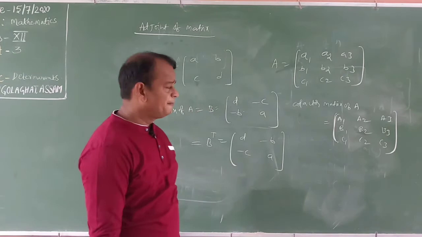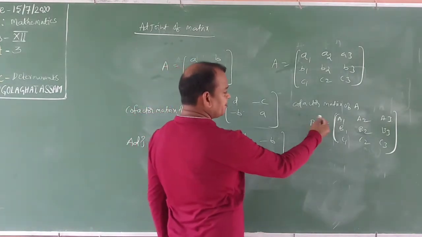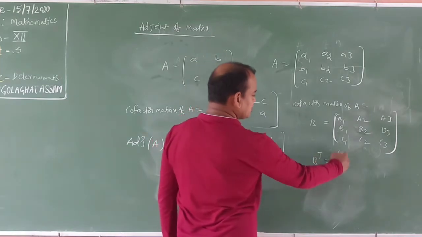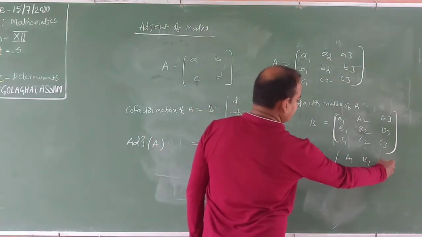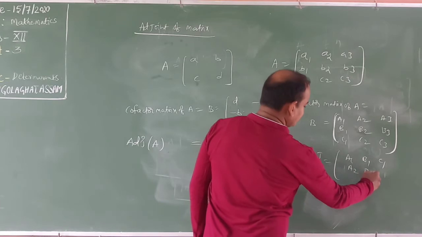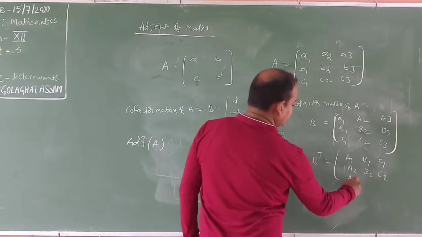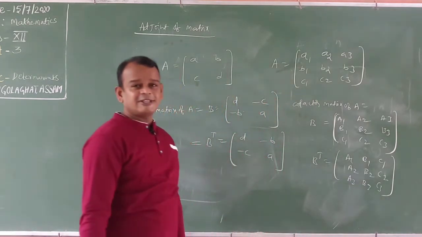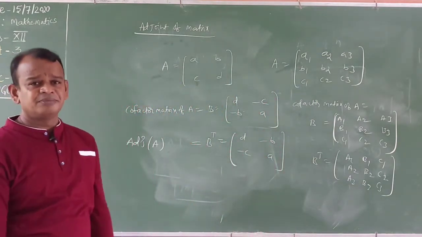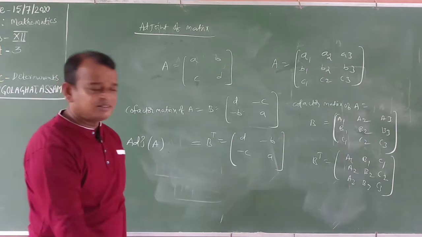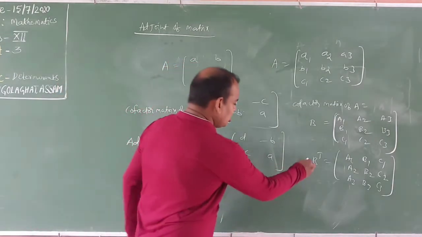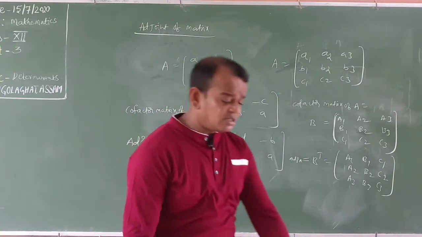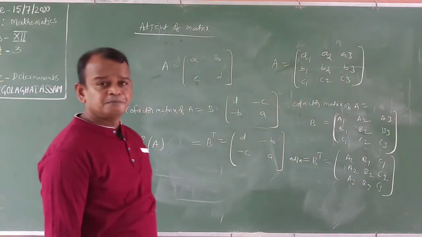Now this is called B. Now the transpose of this one means A1, B1, C1, A2, B2, C2, A3, B3, C3. Simple. Understand? This is called the adjoint of A, 100%.